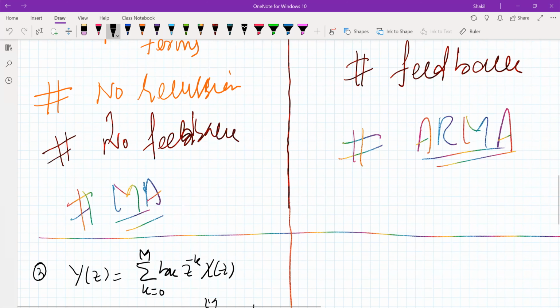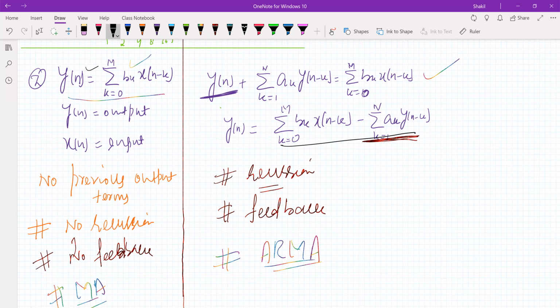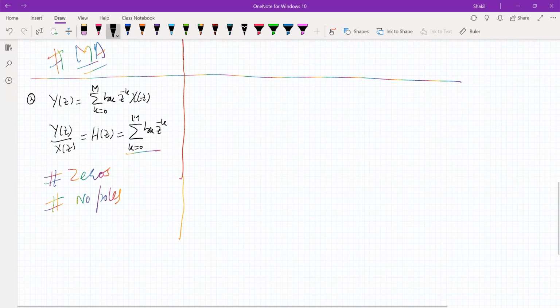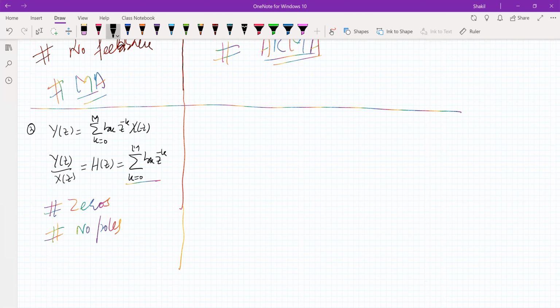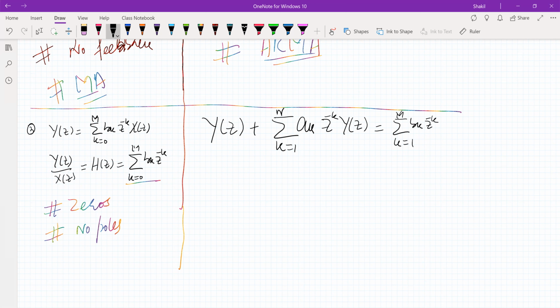Now an IIR system is described by this difference equation, right? Taking the Z transform on both sides, we write Y of Z is summation k running from 1 to M a_k z to the minus k Y of Z, plus summation k running from 0 to M b_k z to the minus k X of Z. Now taking this common and dividing by X of Z, we have the transfer function of this system, which is given by this.